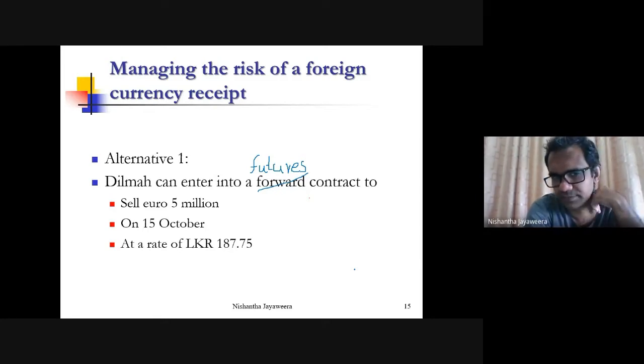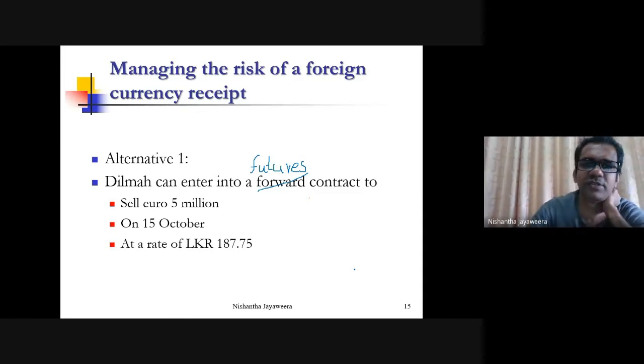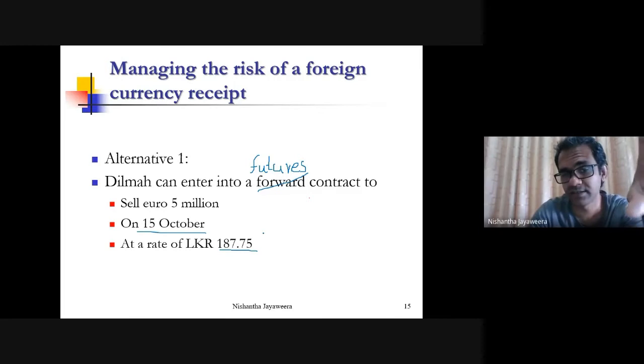Say in this case, you sell a euro. Here you have to sell a futures contract, isn't it? Because you are protecting the downside. Say you sell a futures contract at 187.75. You may not be able to get the exact maturity. That's another problem.